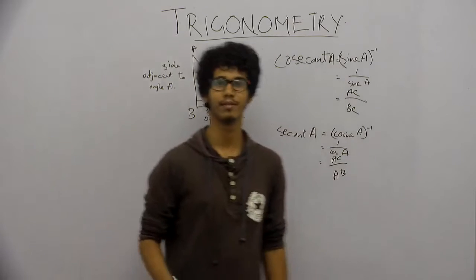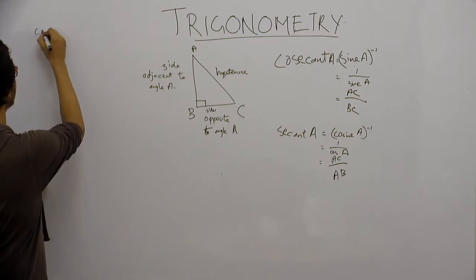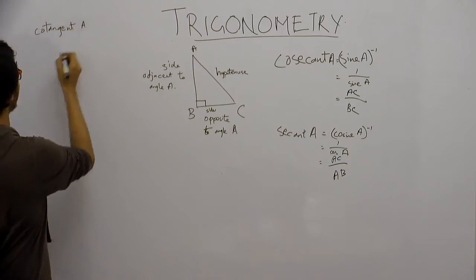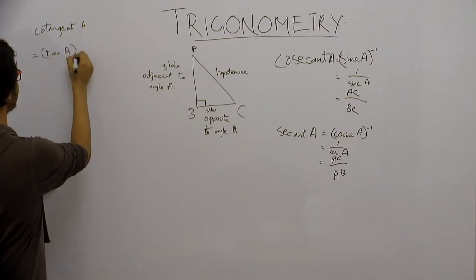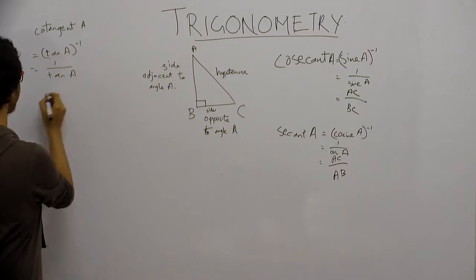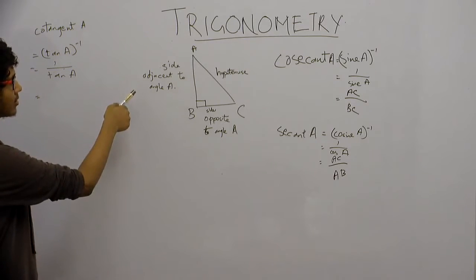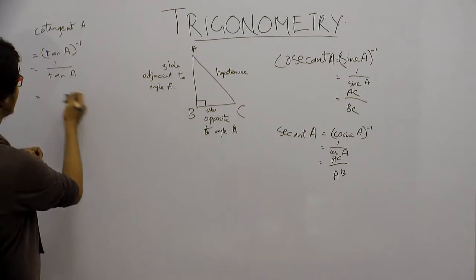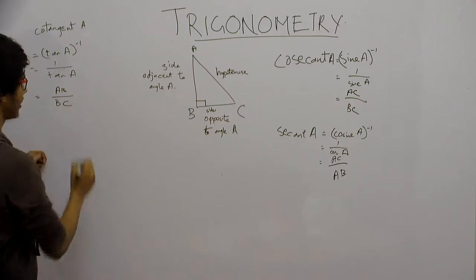And the last ratio left is cotangent. Cotangent is the inverse of tan. Cotangent of A equals tan A to the power minus 1, or 1 by tan A. Tan A was side opposite divided by side adjacent. Cotangent is just opposite, so it will be side adjacent by side opposite. This will be AB by BC.